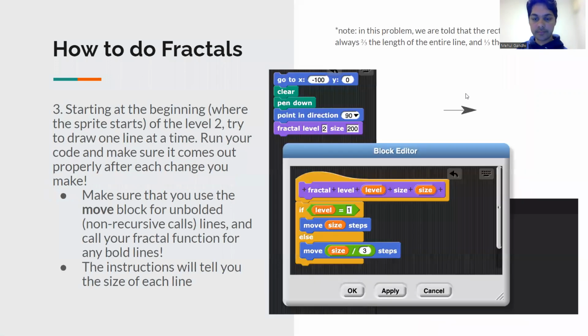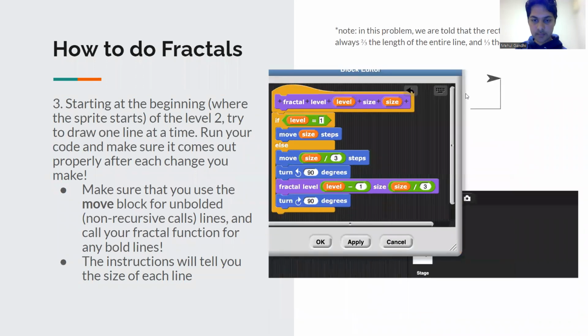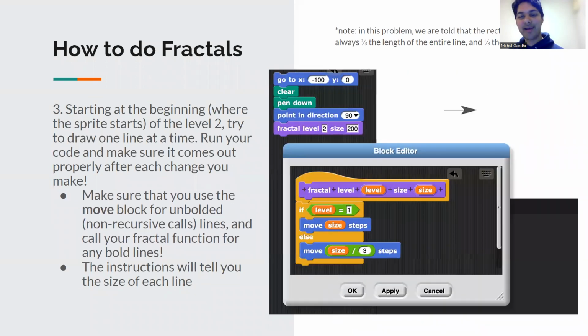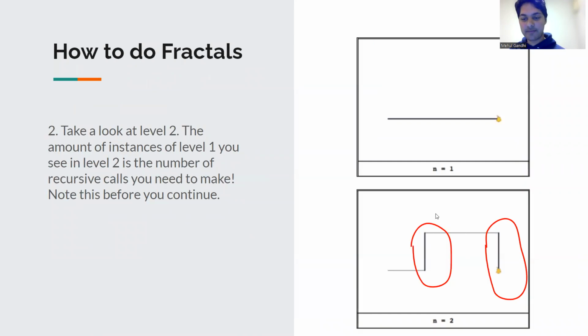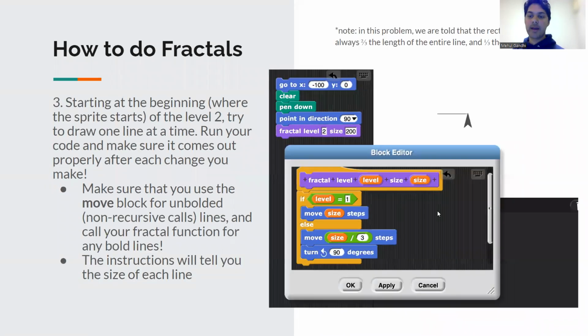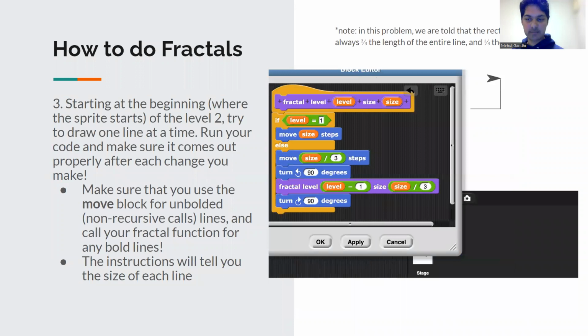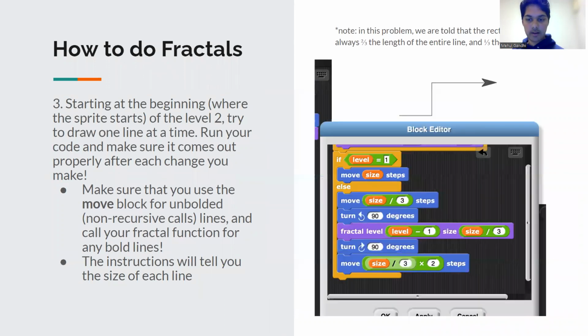Oh, sorry, 90 degrees. I'm sorry about that. 45 degrees would be the halfway point. So we turn right 90 degrees and then we move size divided by three times two steps, and that allows us to go here.